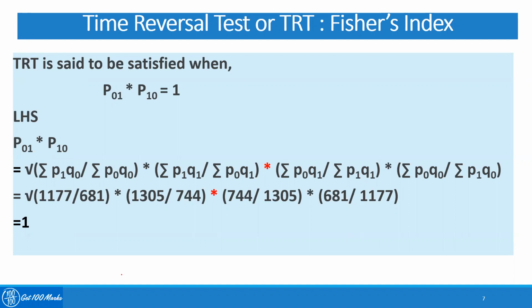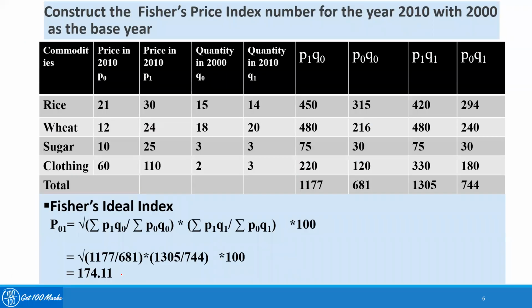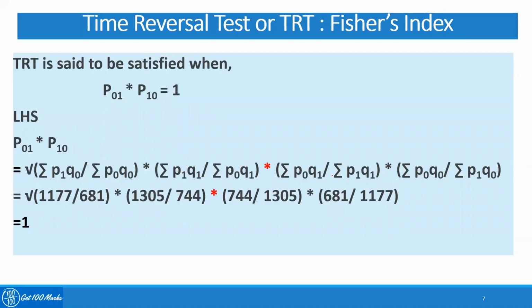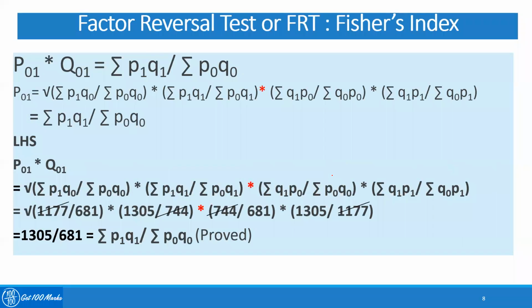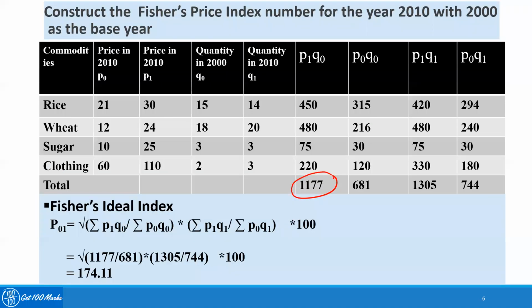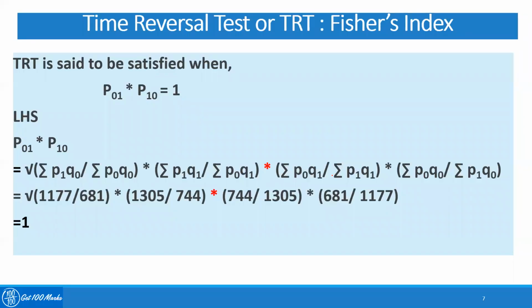I have converted 1 to 0 and written the value of P10, and substituting all the values, you can see P1 Q0 is 1177, P0 Q0 is 681, P1 Q1 is 1305, P0 Q1 is 744.